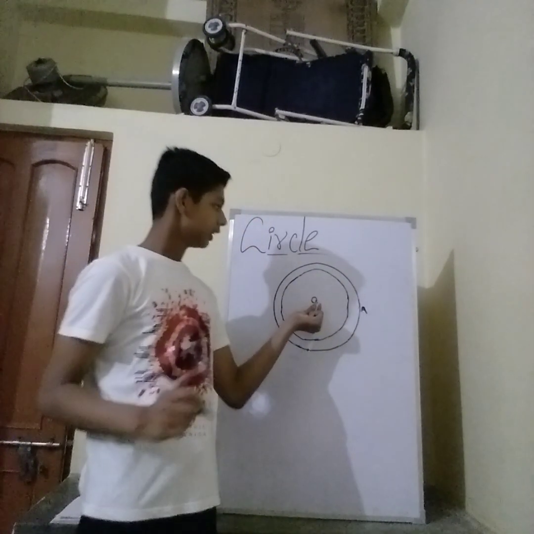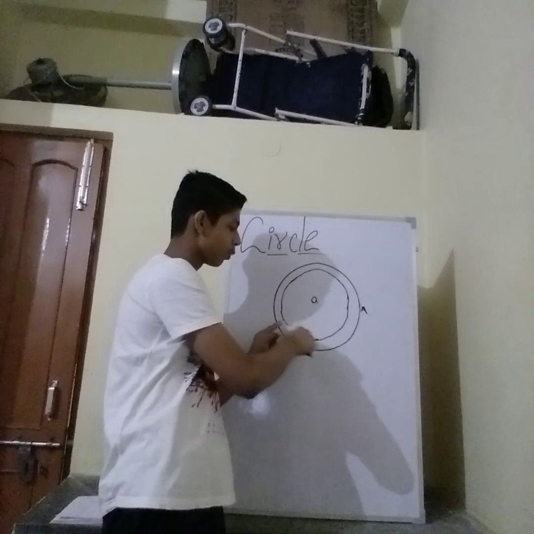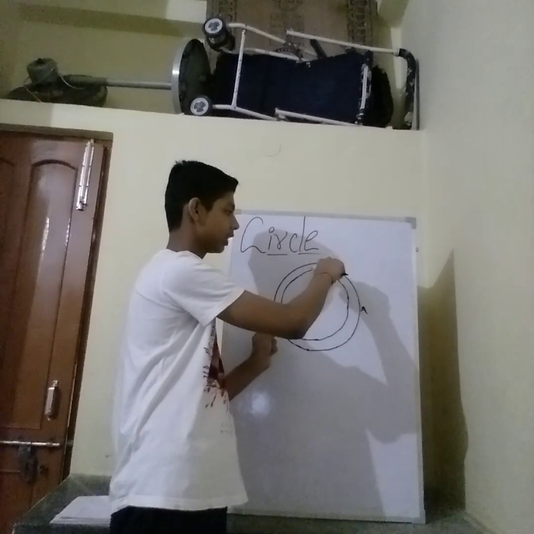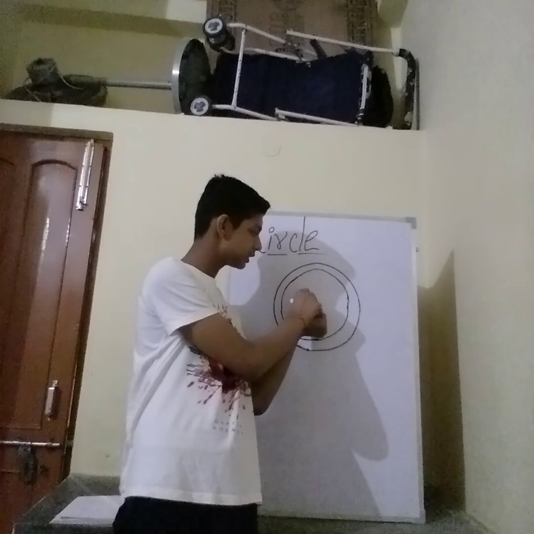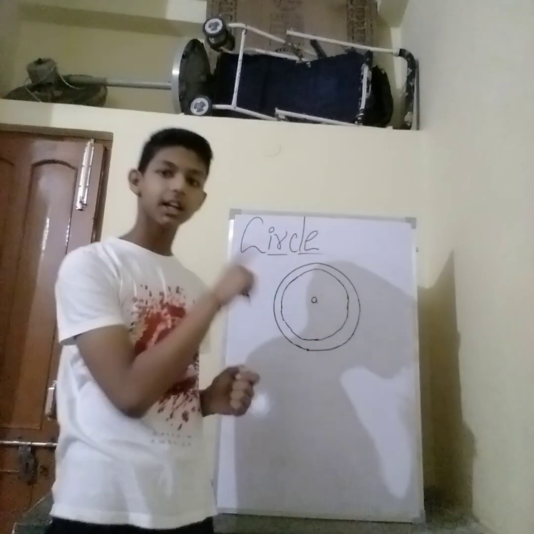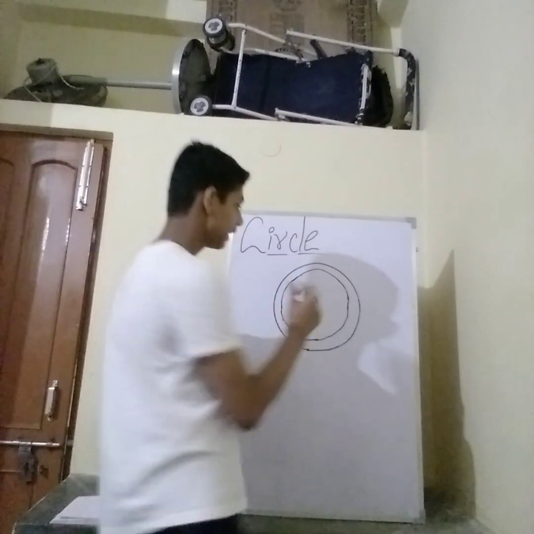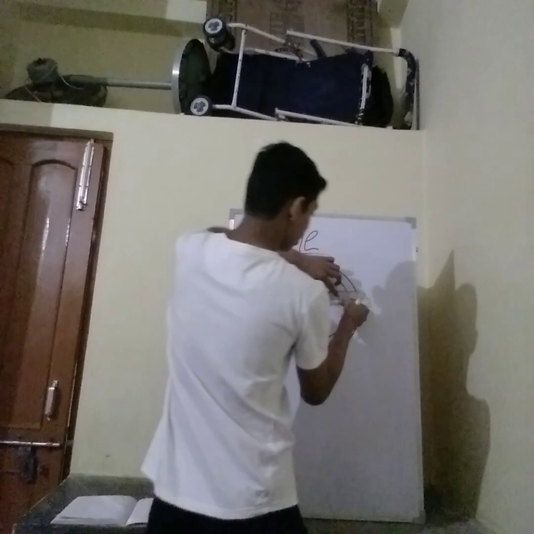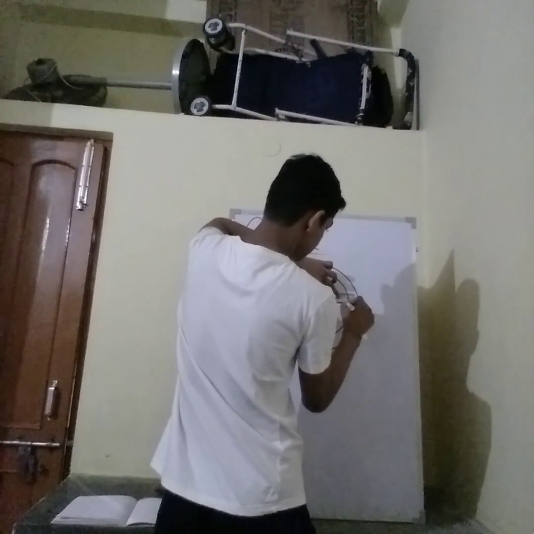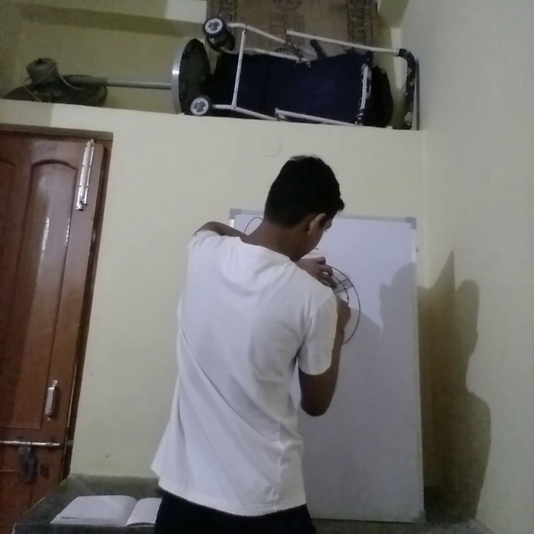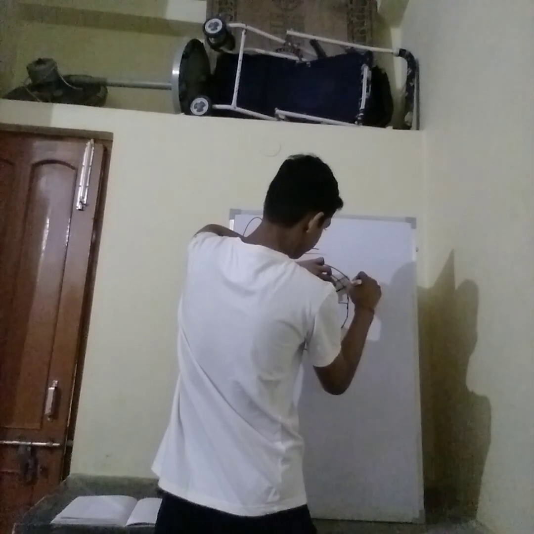Okay, this is one circle and this is the second circle. Now we see that center O is the center of both circles, and the radius of the first circle is this, and the radius of the second circle is this.